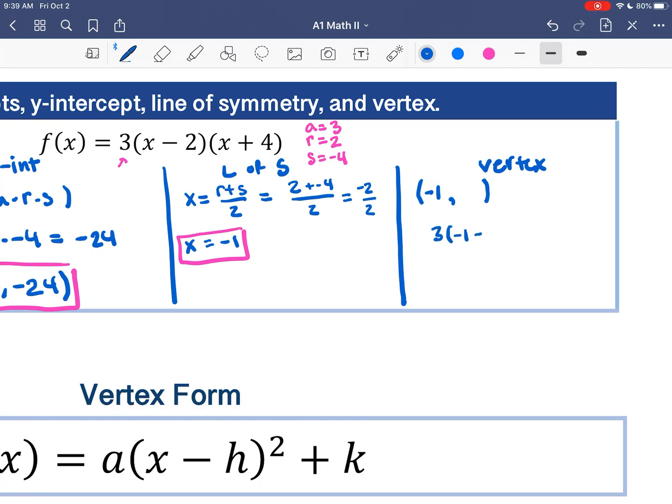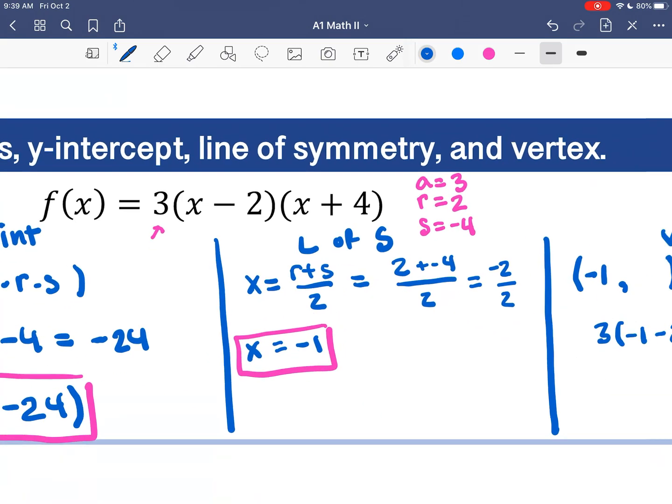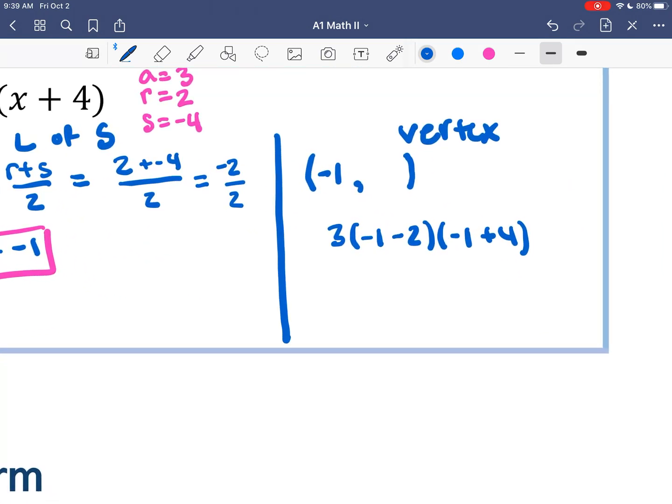So I'm going to replace all of my x's with negative 1 in this function. And then just solve. Negative 1 minus 2 makes negative 3. And negative 1 plus 4 makes positive 3. So we have 3 times 3 times 3, which makes 27, negative 27.